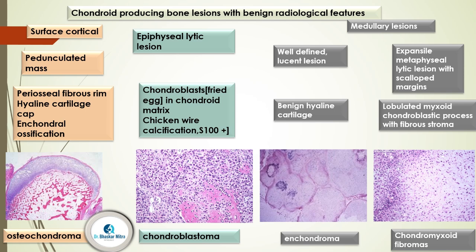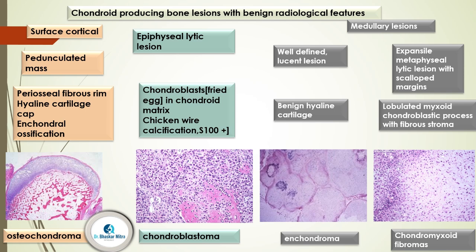Then we divide those lesions into the following categories. Suppose it is a benign cartilage producing tumor with benign radiological features, a surface cortical lesion with a peduncle, presenting as a pedunculated mass. If we take a section, we will see a cartilaginous cap above it.